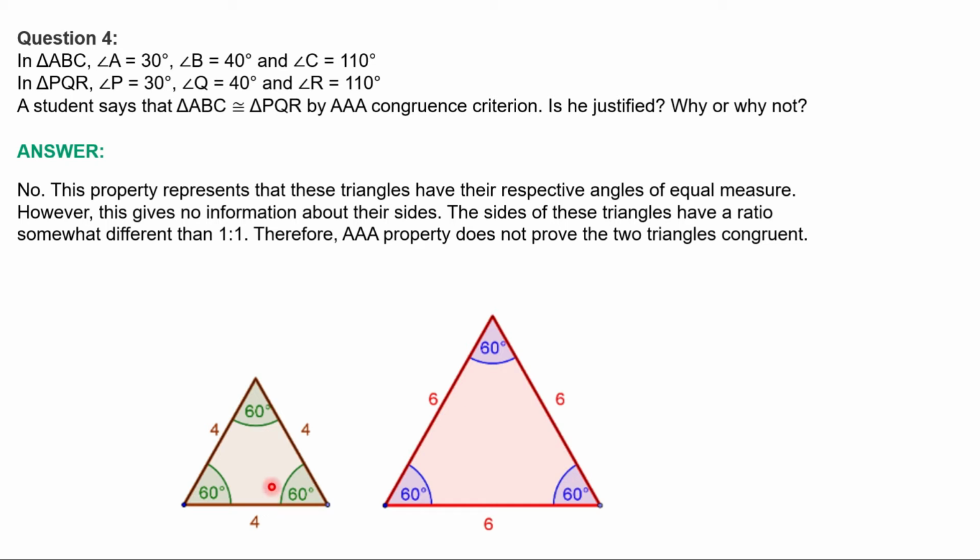Why? Because this triangle is smaller than this one. So this is the best example to show that the AAA congruency criteria is not possible. Now the next question.